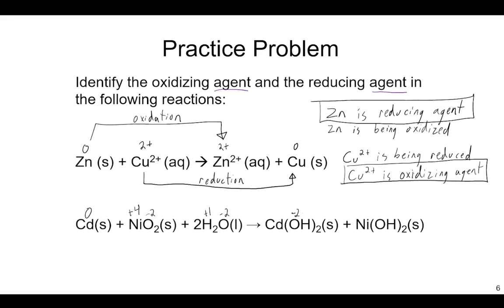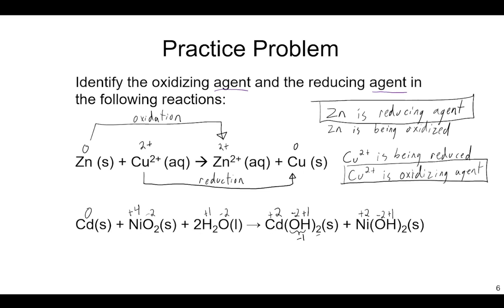Hydroxide, oxygen -2, hydrogen +1, for a total here of -1 in the OH group, and there's 2 of those. So -2 total, so cadmium here must be +2. And for the same reasons here, nickel will be +2 since oxygen is -2 and hydrogen is +1.